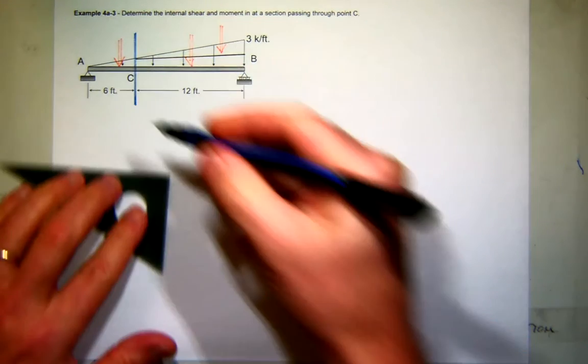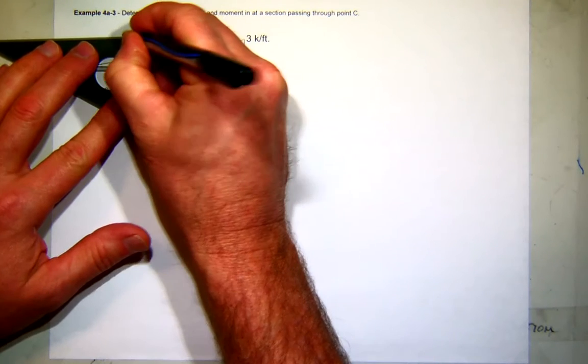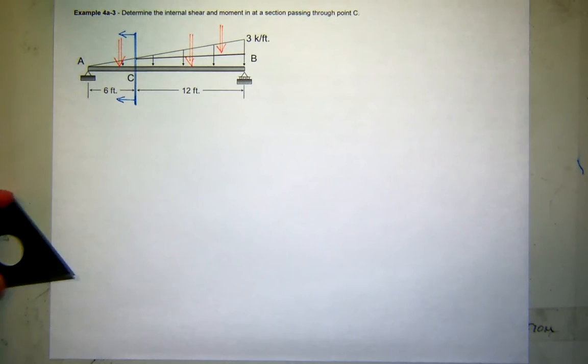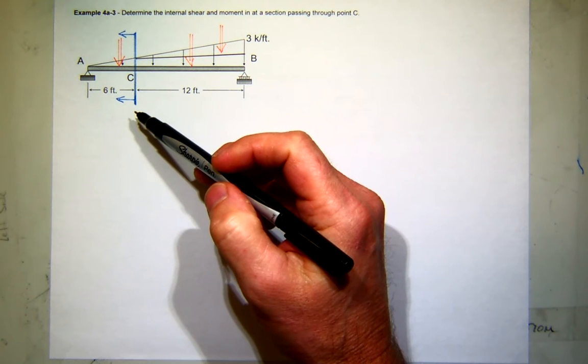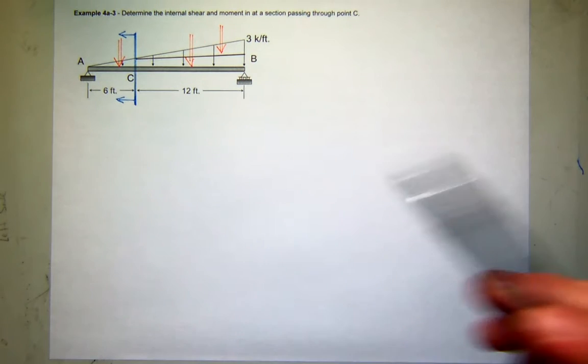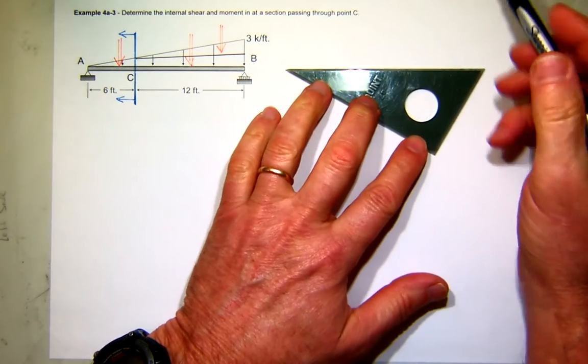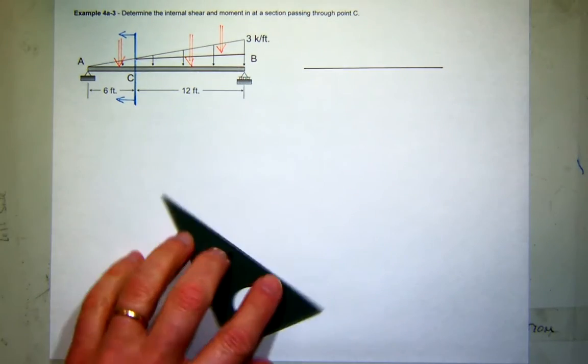So with that, I'm going to now say, okay, I'm going to work the left side. So once I make that choice, I need to find my reactions at A. So let's do that first. So I'll come over here first and redraw the free body diagram for this structure.